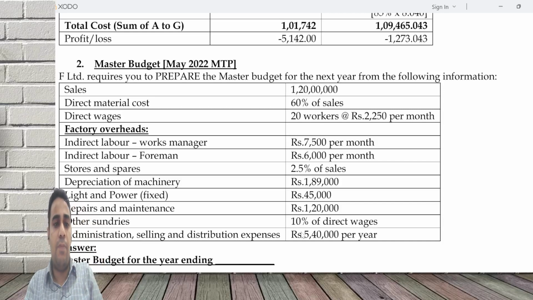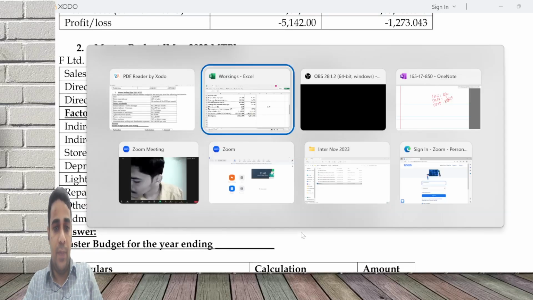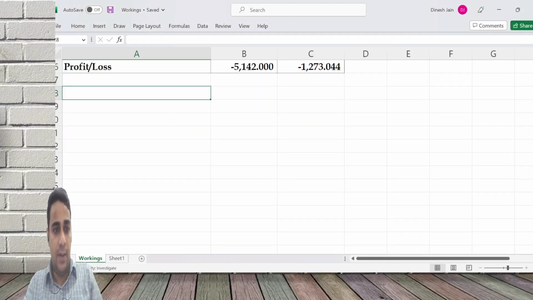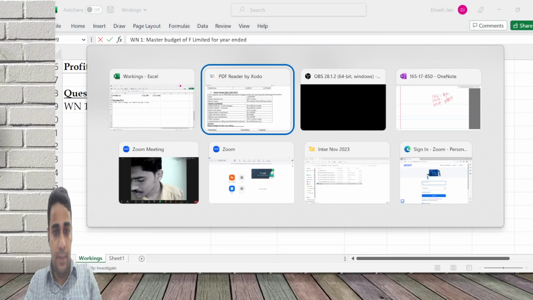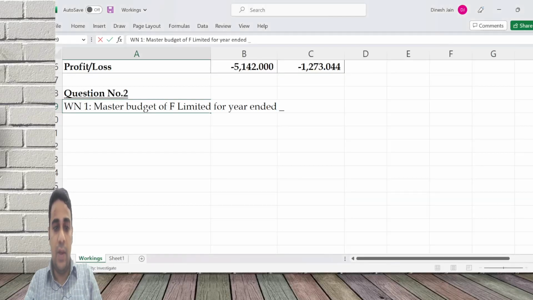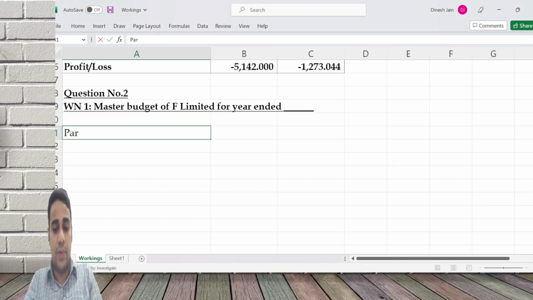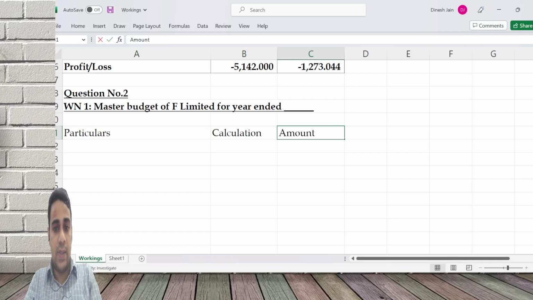So, master budget of F Limited for the year ended. Okay, they have not given the year. Particulars, calculation, amount.